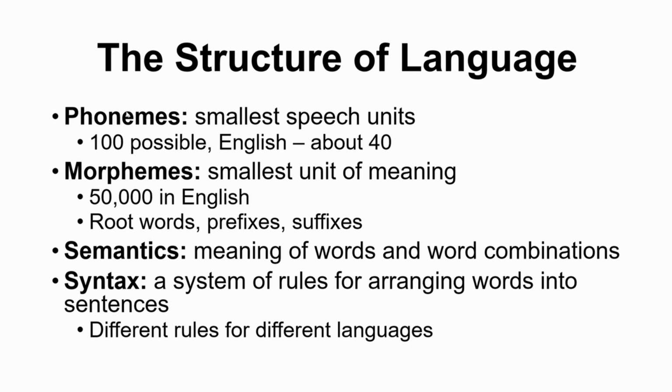And just like we have rules on how we combine sounds into words, we also have morphological rules, rules that indicate how morphemes are combined to form words. So you're going to end up with rules at pretty much every level. We will then talk about how there are rules for putting words into orders to form sentences, and so on and so forth. So we have rules for pretty much everything.